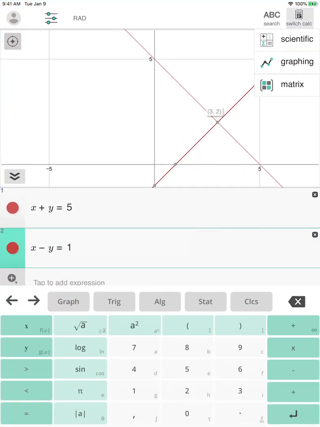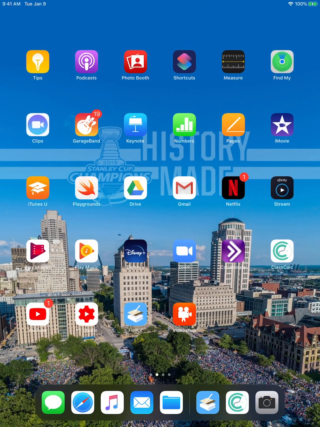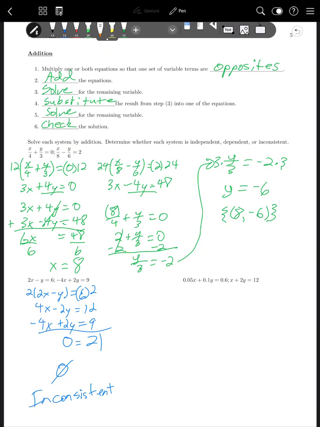So this one's a little trickier because it's got decimals, but the coefficient in one term is 1, and in the other one it's 0.05, so that tells me I need to multiply by 20. And notice right now the terms have the same sign, so I'm going to want to multiply by negative 20, so that I get the opposite. Remember, that's what we're going for here. Not the exact same number, but the opposite.